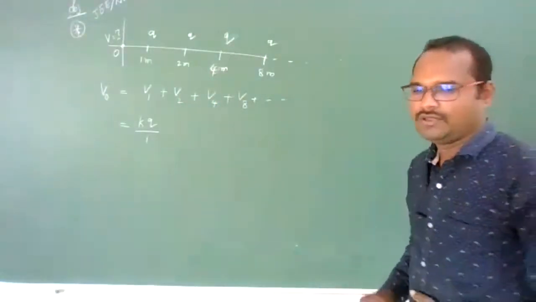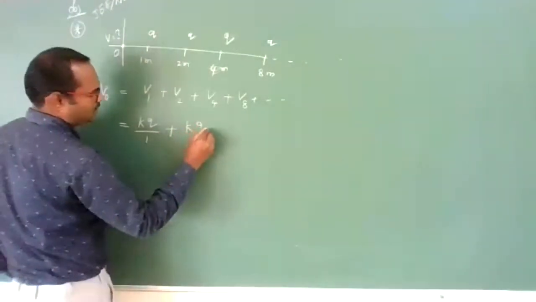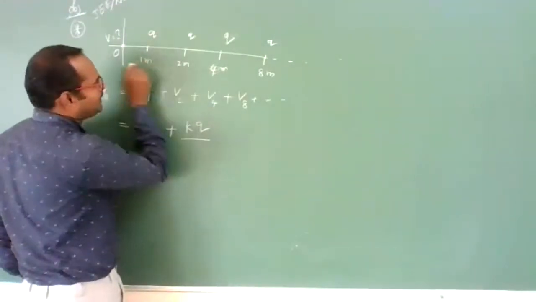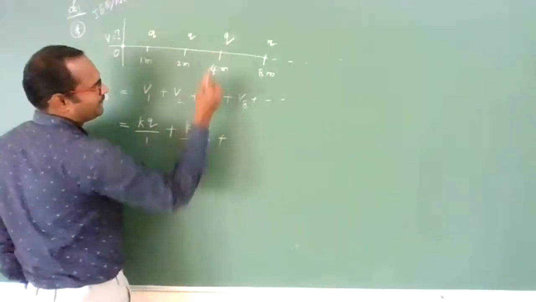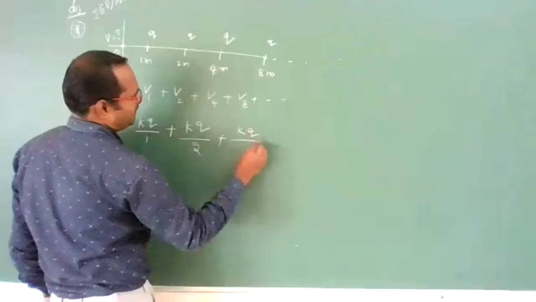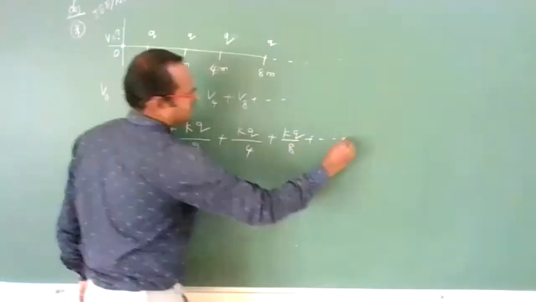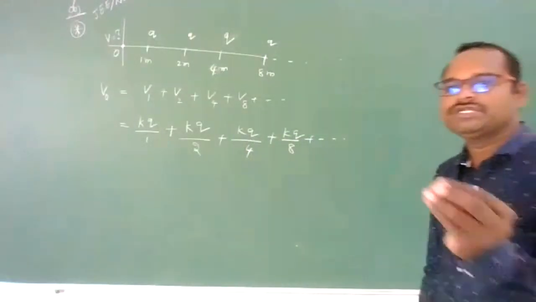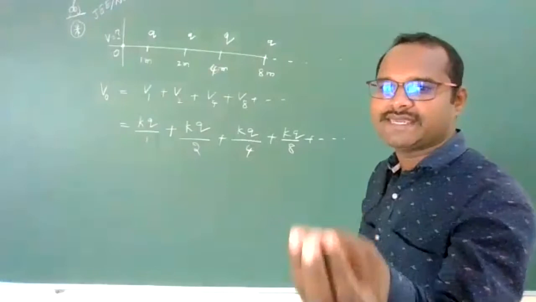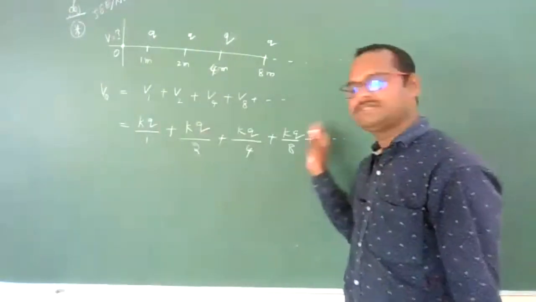So it is kq by 1 plus kq by 2 plus kq by 4 plus kq by 8, and so on. Clear? Because the potential due to a charge at any point is kq by r, and it is a scalar quantity, we can add them just like numbers.